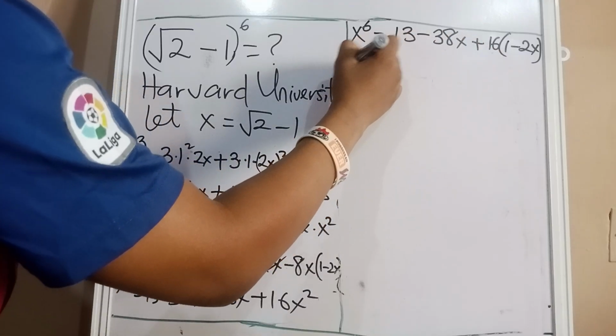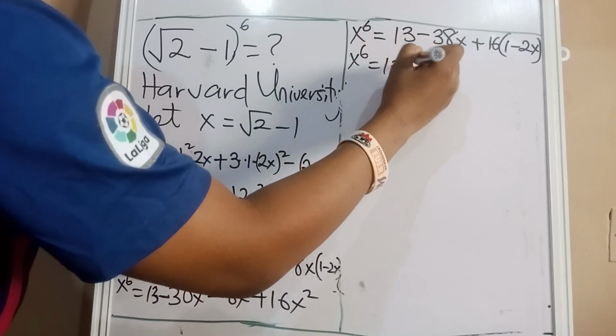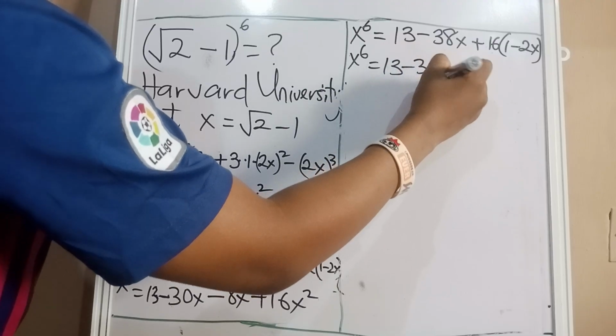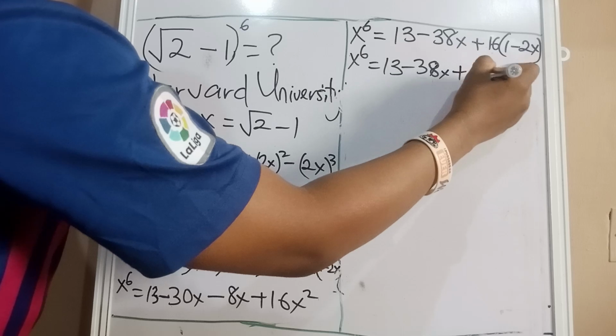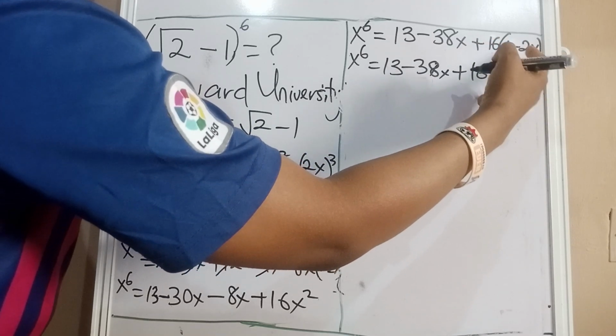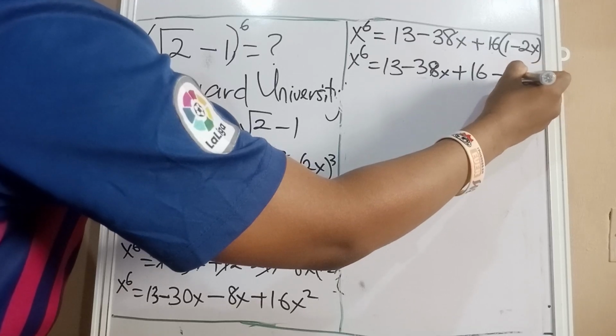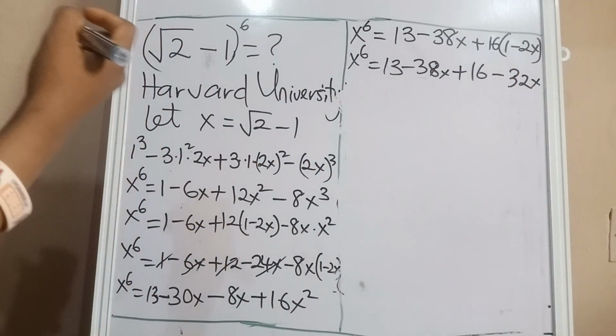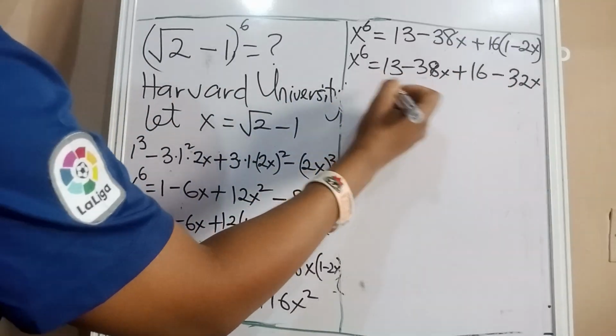And so let's expand again. We're going to be doing lots of expanding. Minus 38x plus 16, minus, 16 times 2 will give us 32, minus 32x.